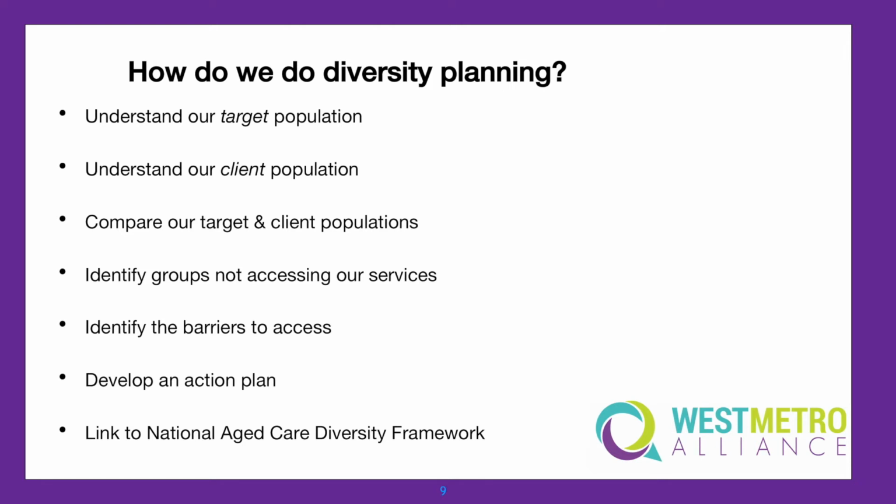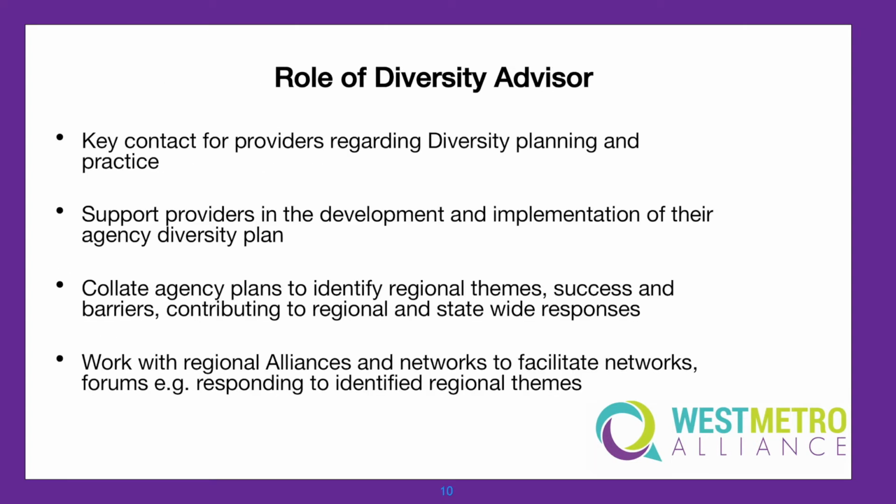Can we create partnerships? Can we consider translation of our documents? Can we have advisory groups that can provide us with better understanding as to why these people are not accessing our service? We then develop the action plan and we ensure that we link it back to the National Aged Care Diversity Framework consumer outcomes.